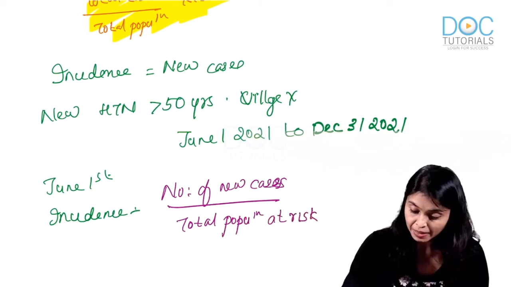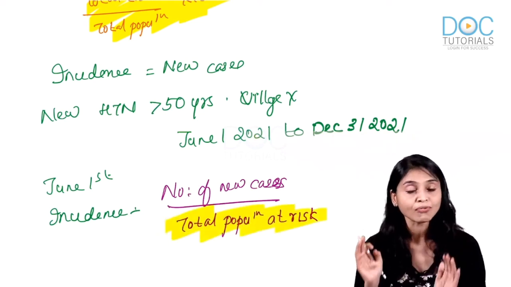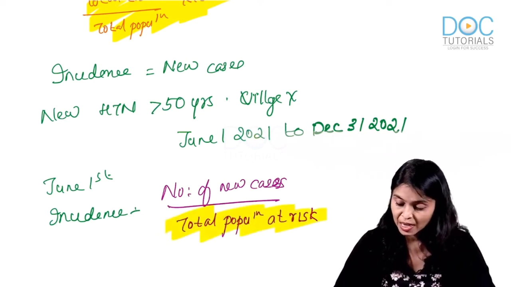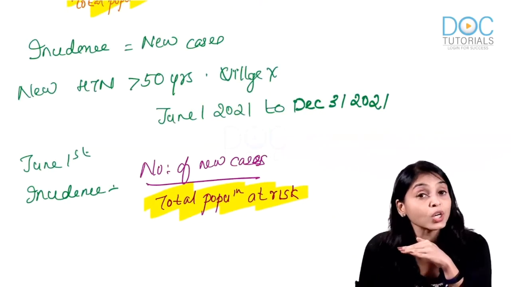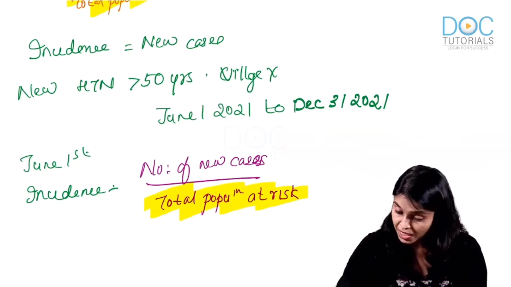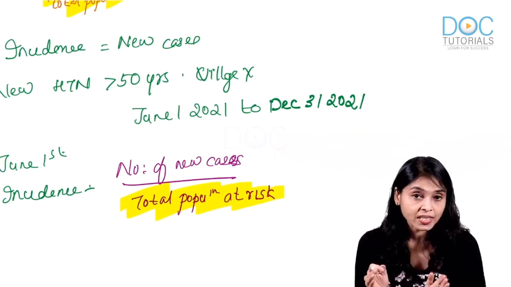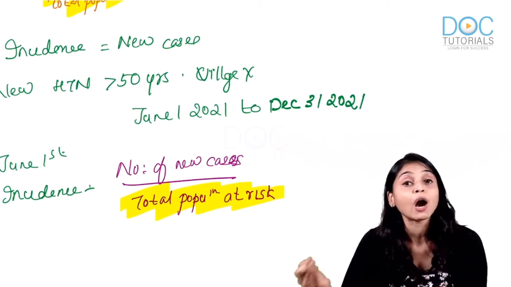This itself is an MCQ: what is the denominator of incidence, or what is the formula of incidence? Now my question is, what do you mean by at risk? In prevalence, it was total cases divided by total population, whereas in incidence, it is total population at risk. This means in this denominator, you don't include those who already have the outcome that you're studying.